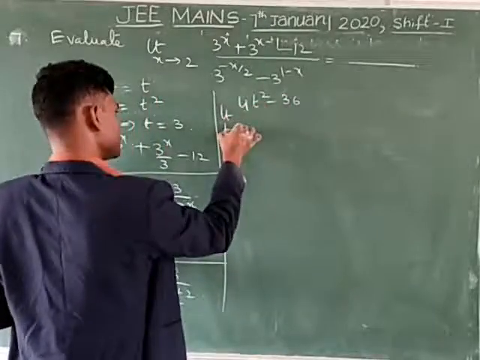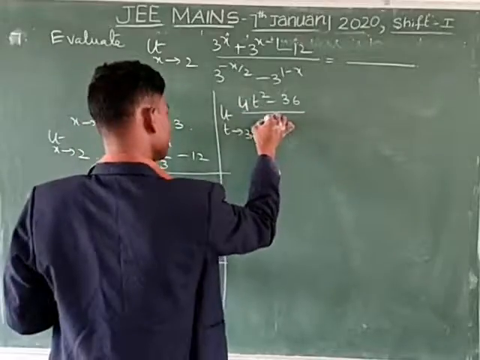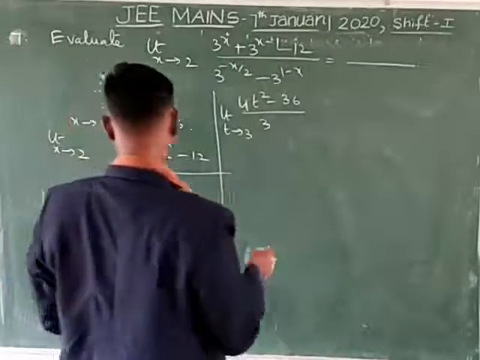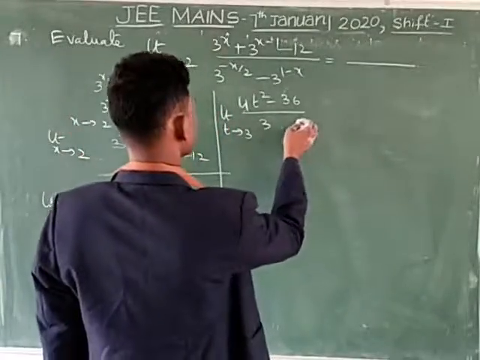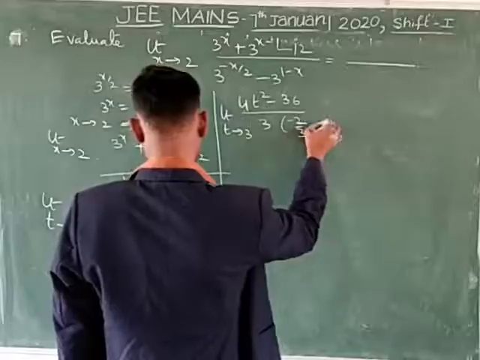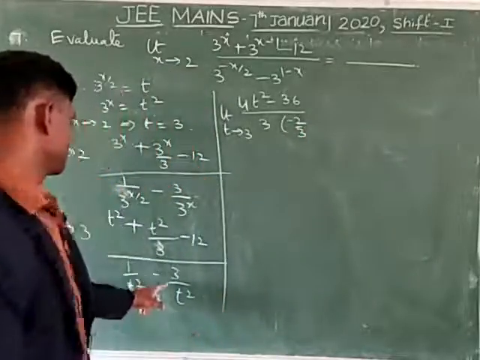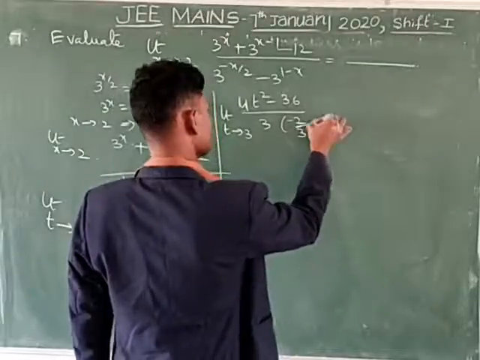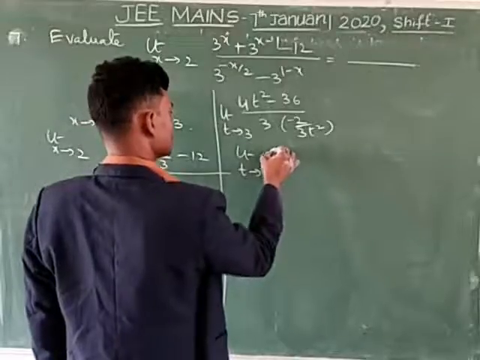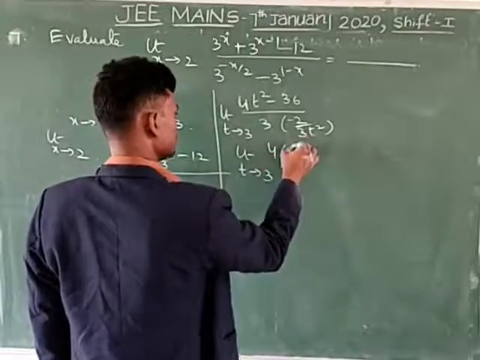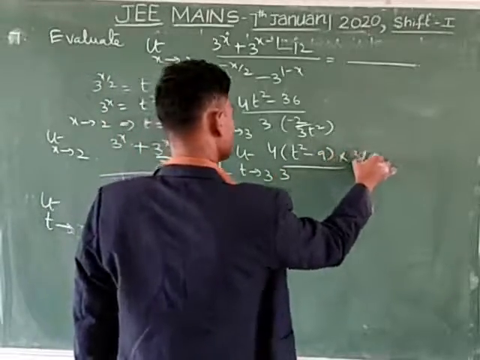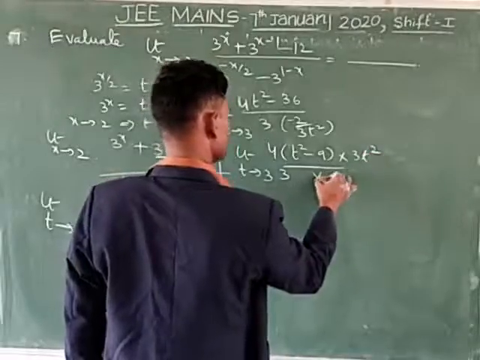Limit t tends to 3 of 1 by 3, this is minus 2 by 3 t squared. Now see here, this one rewrite limit t tends to 3, 4 common and t squared minus 9 by 3. This is going to numerator, 3t squared by 2 minus 2.